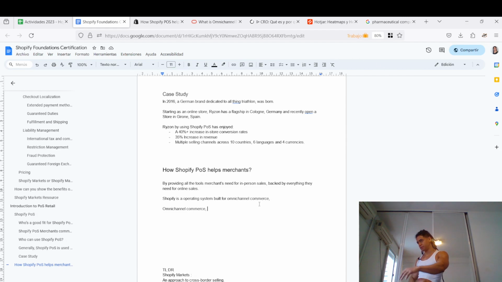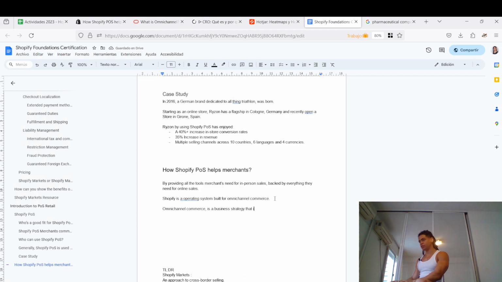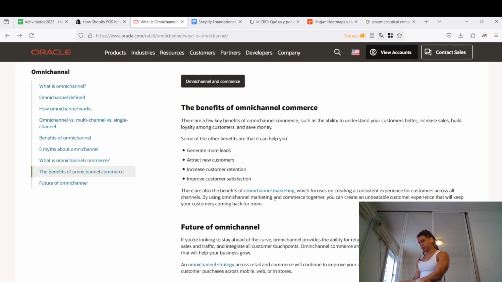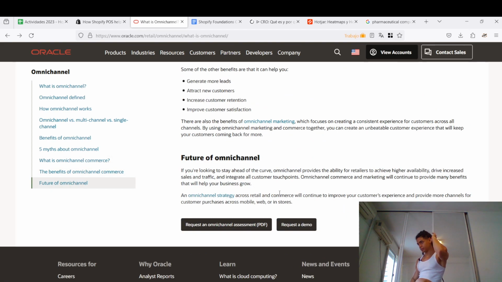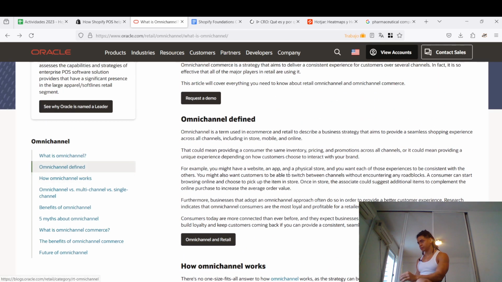Shopify is an operating system built for omni-channel commerce, and omni-channel commerce is a business strategy that aims to provide a seamless shopping experience across all channels, including in-store, mobile, and online.